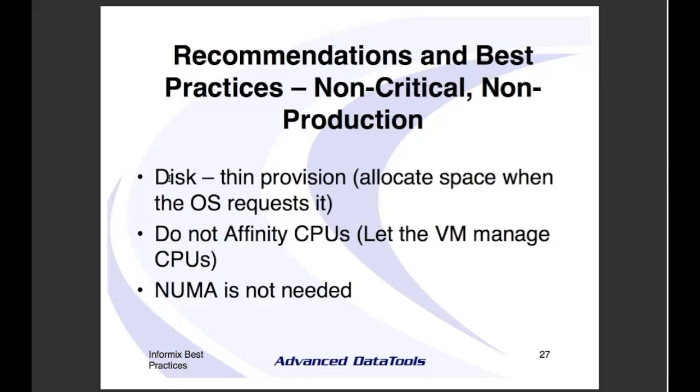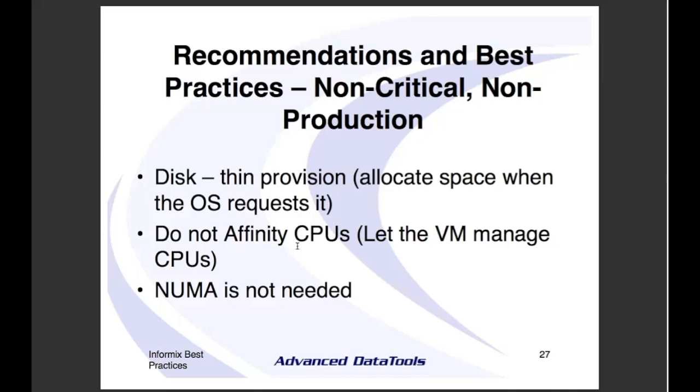The same thing with CPU. You can affinitize CPUs in your VMs. For non-production, non-critical VMs, don't affinitize. Let the VM manage them. That way, you can have 6 VMs that maybe need 30 CPUs total, and they can run on a 24 CPU system because none of the CPUs are affinitized.